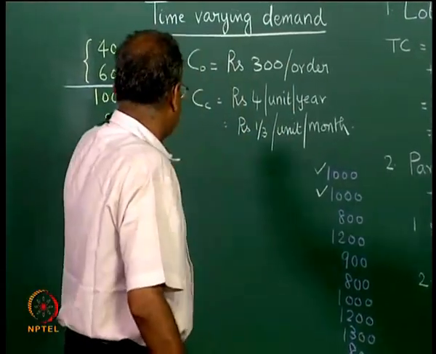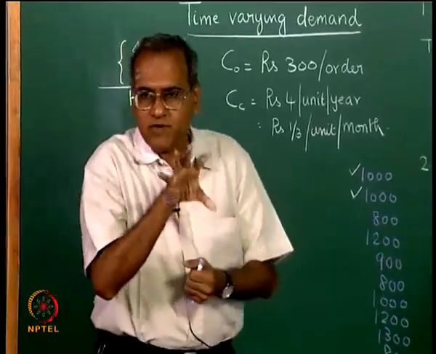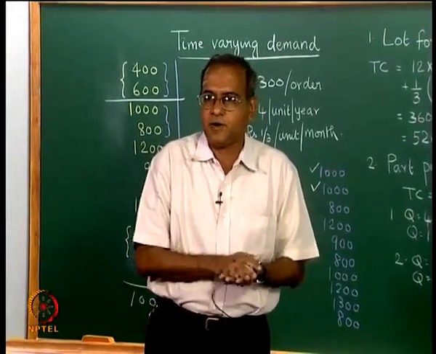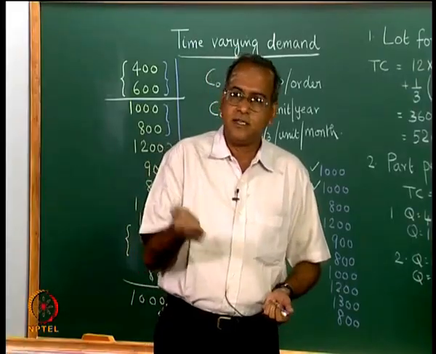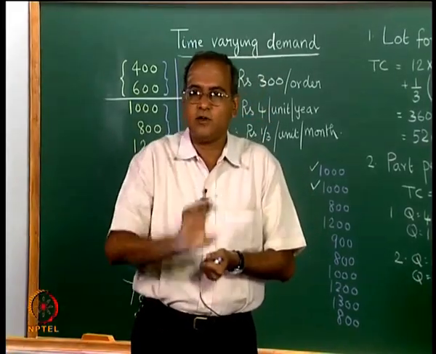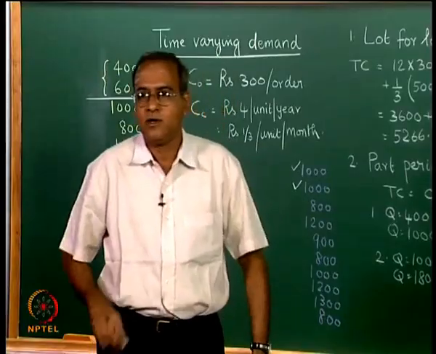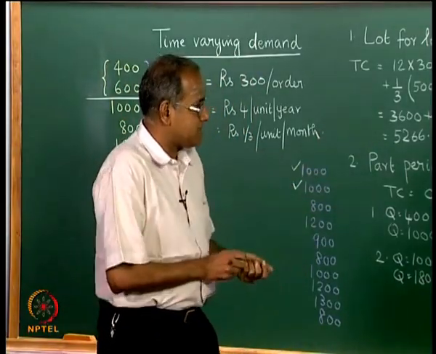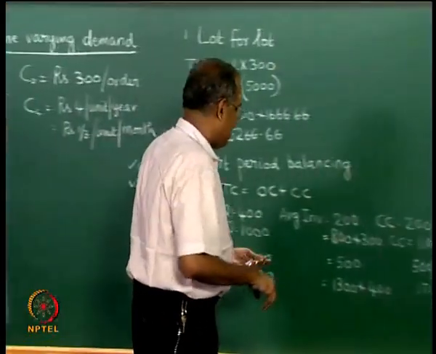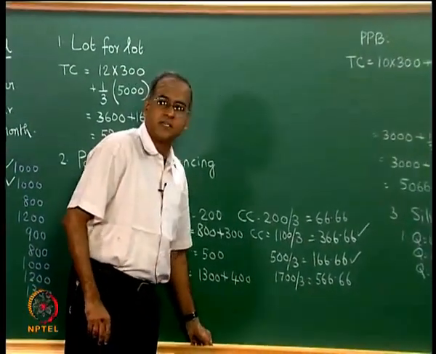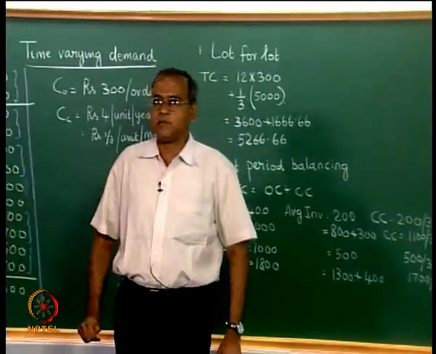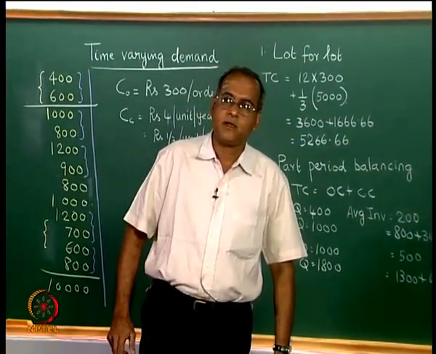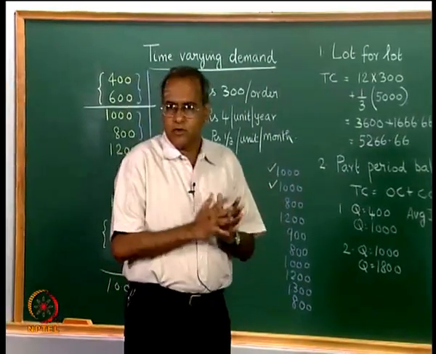In fact, the problem is also such that the optimum 5000 was not very far away from the EOQ's 4898.98, though we discussed the issues involved in using or approximating the EOQ in the earlier lecture. So the optimum was 5000, part period balancing is giving a solution that has a cost of 5066.66, Silver Meal is giving a cost of 5033.33. Both are very good heuristics.